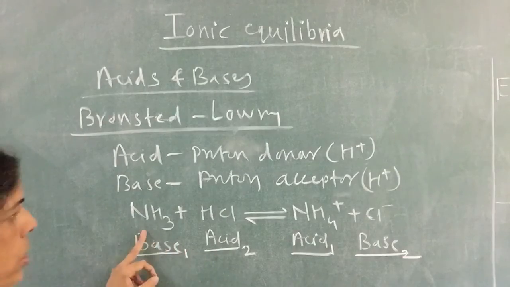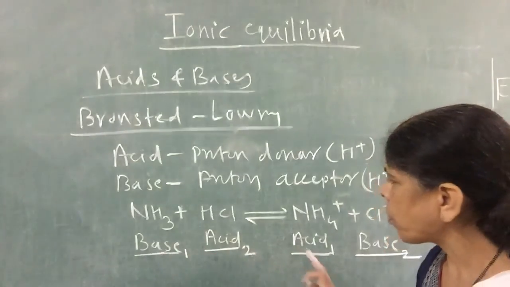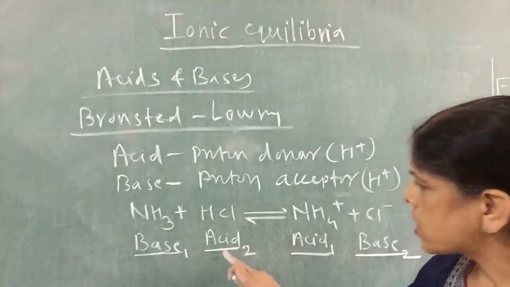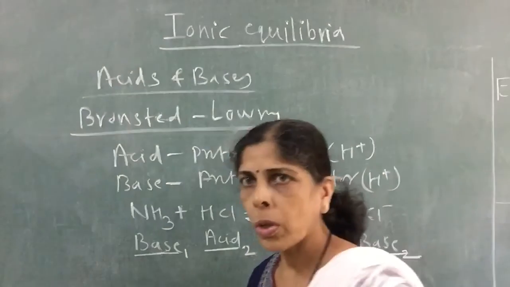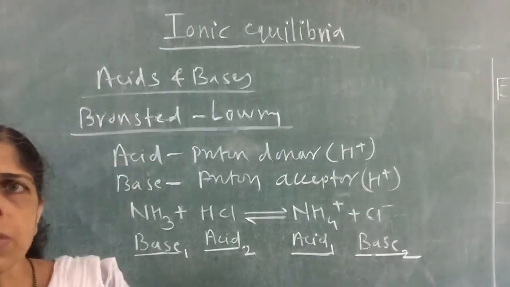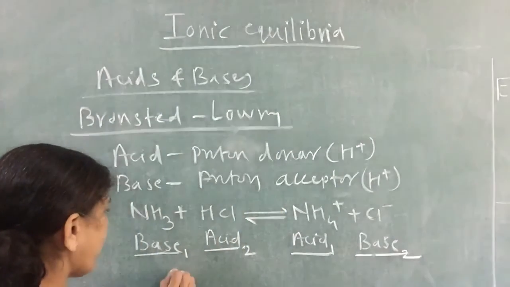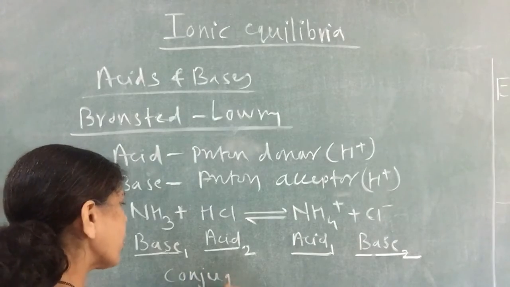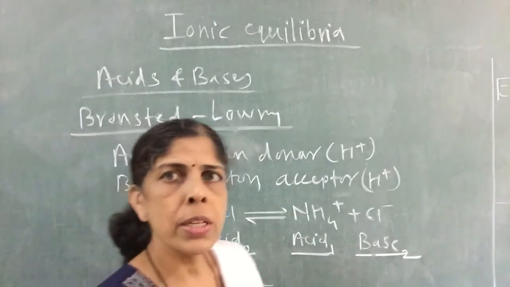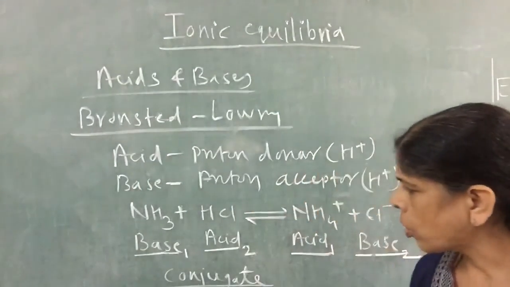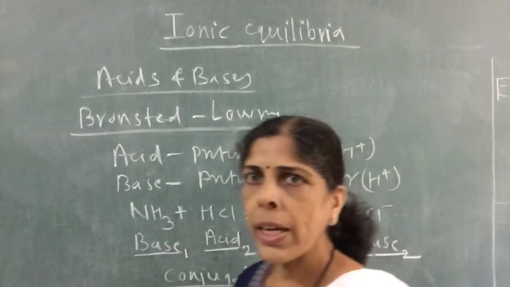Such an acid base pair which is differing by proton is a conjugate acid base pair. So NH3 and NH4 plus is one conjugate acid base pair, and HCl and Cl minus is another conjugate acid base pair.